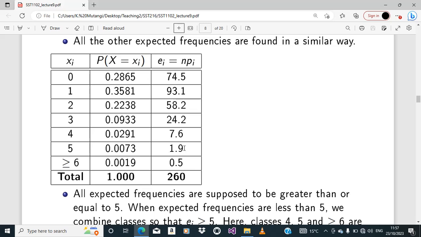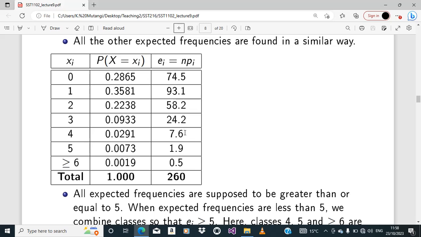We need to join these two classes together and check if the collective expected frequency is now greater than 5. If it is less, we then join to the class with an Ei of 7.6, which is above them. Here we note that 0.5 and 1.9 gives you 2.4, which is smaller than 5. So we have to join that class to the one with 7.6.